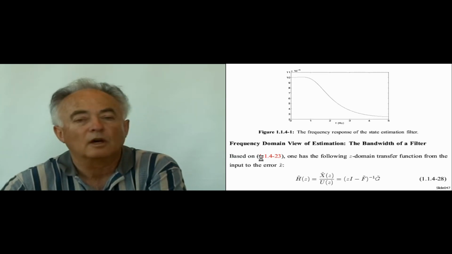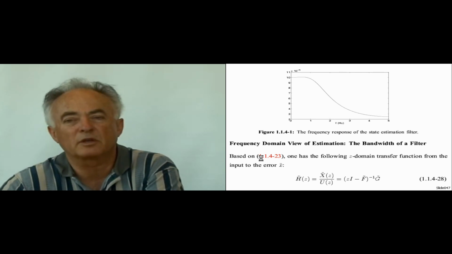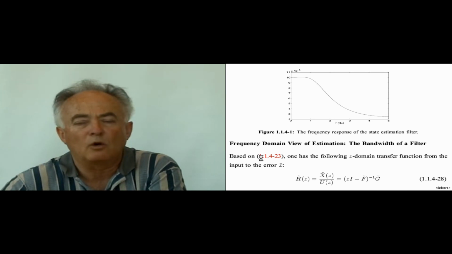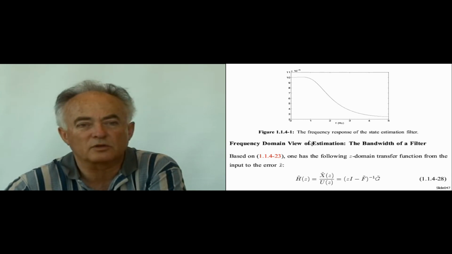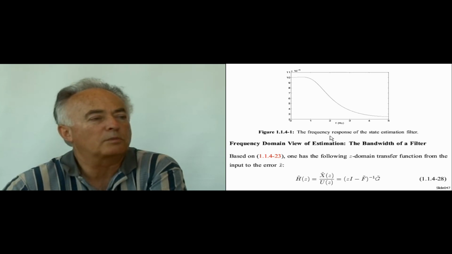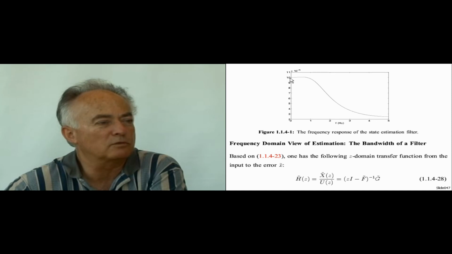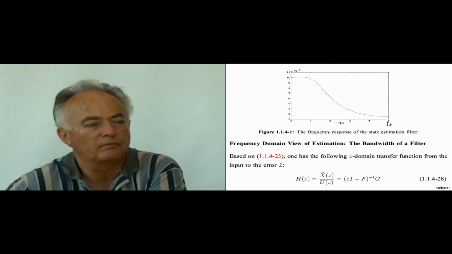Now, it is interesting to connect this discrete time filter, which is a dynamic system, with what we know as transfer functions. And each transfer function has a frequency response. So what we're going to do is obtain the transfer function, and before we go through the algebra, we can see that this alpha beta filter is indeed a low pass filter.